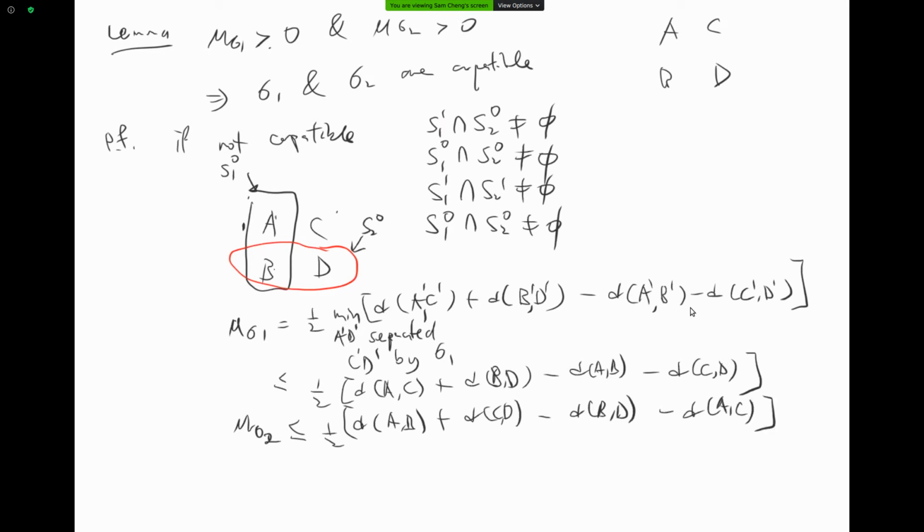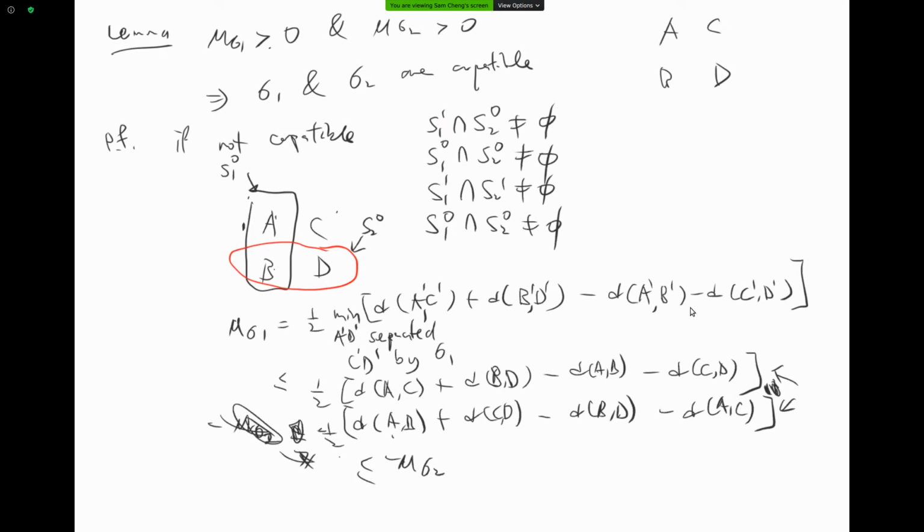Now, if you look at these two guys here, it's exactly opposite to one another, right? So this one is the negative of this guy. I should flip the sign here. Mu sigma 1 is less than or equal to this guy here, and of course this term is the same. So it's actually less than minus mu sigma 2 here.